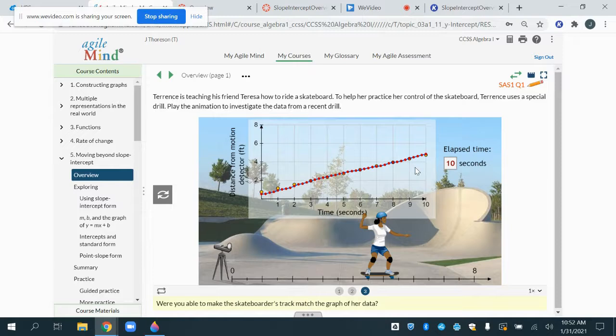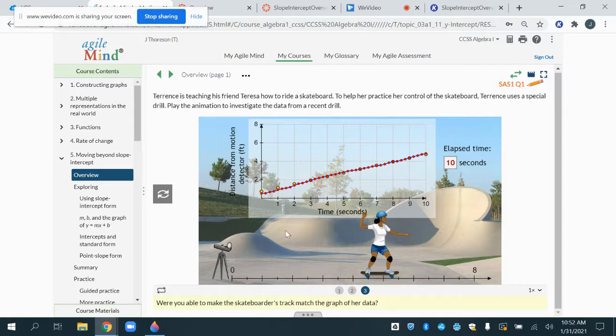Like that could mean they save the same amount of money every week, or that they go the same amount of inches per second. But something is staying the same, and that's why the line stays straight. If that rate of change were changing, if they started saving more money, or she started going faster, the line would go steeper. So that's a great way to tell that you're dealing with a straight line: some change is occurring at a constant rate.